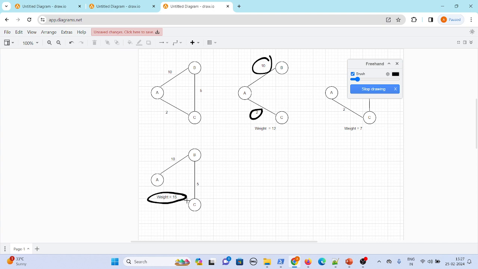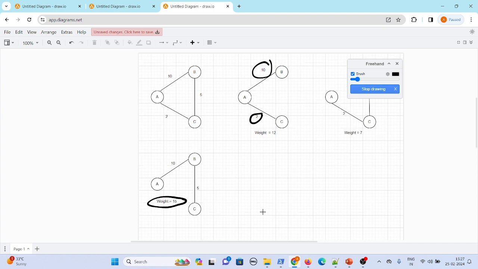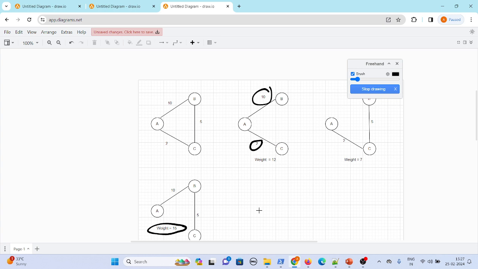As I was telling you with real world examples like the telephone circuit or the electric circuit, if you want to send electricity to all stations with minimum cost, maybe a cable from A to B costs 10 rupees, and a cable from A to C costs 2 rupees.